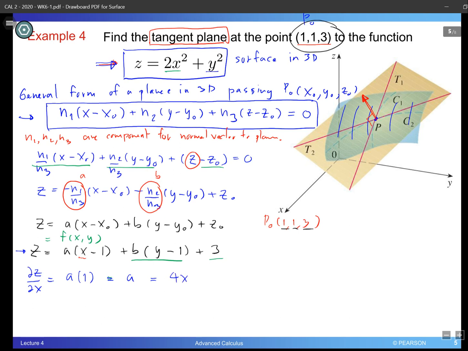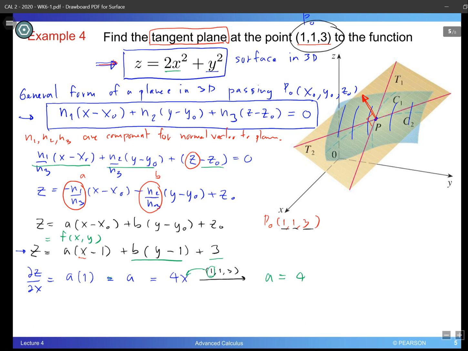So in the end, it's just this 4x. And with this, I can apply this point P0, (1, 1, 3), which means that x is equal to 1. So in the end, I get a conclusion that a is going to be equal to 4. Because x is equal to 1 right here, goes into here. Alright, a is equal to 4.